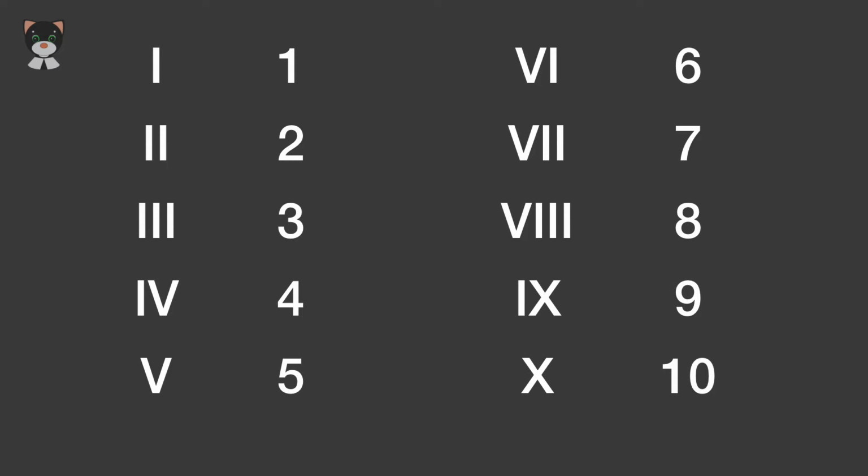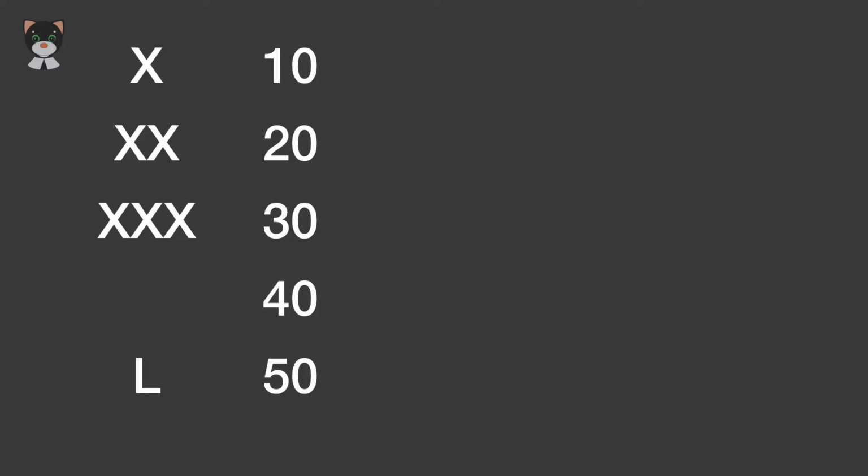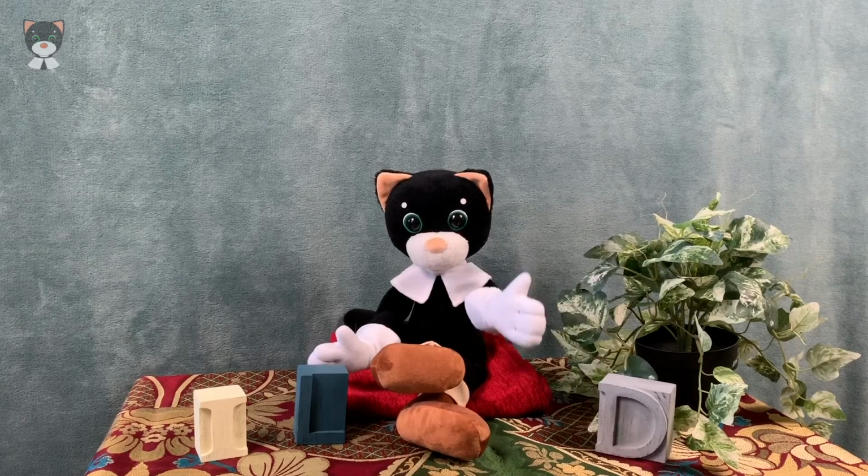Let's move on. 20 is XX, then 30 XXX, and then the rule of 3, so 40 is 50 minus 10, which is L for 50, and X before L means we subtract, so XL, 50 minus 10 is 40, and then 60, 70, 80. And again, rule of the 3, 90 is 100, which is C, minus 10, so XC, 100 minus 10 is 90.